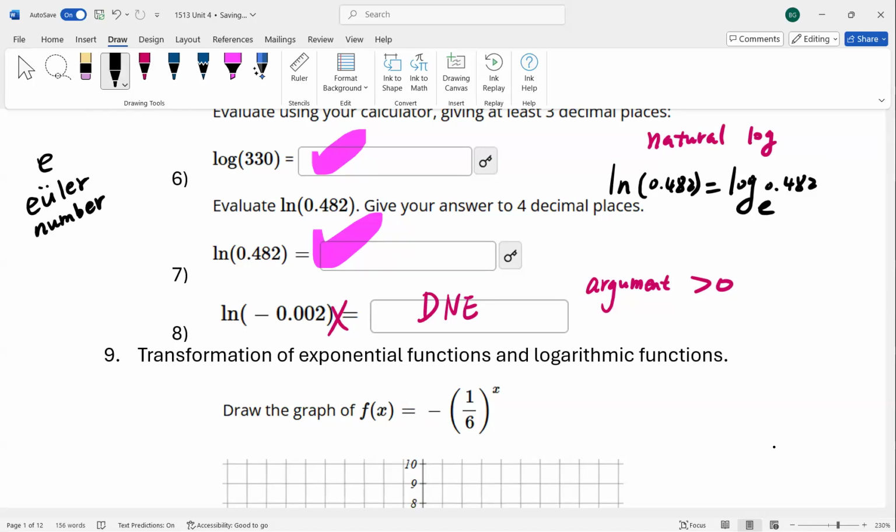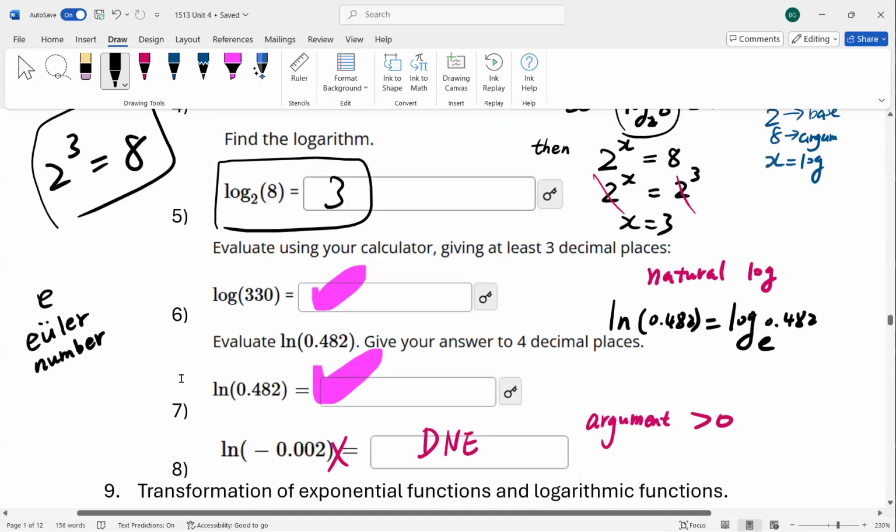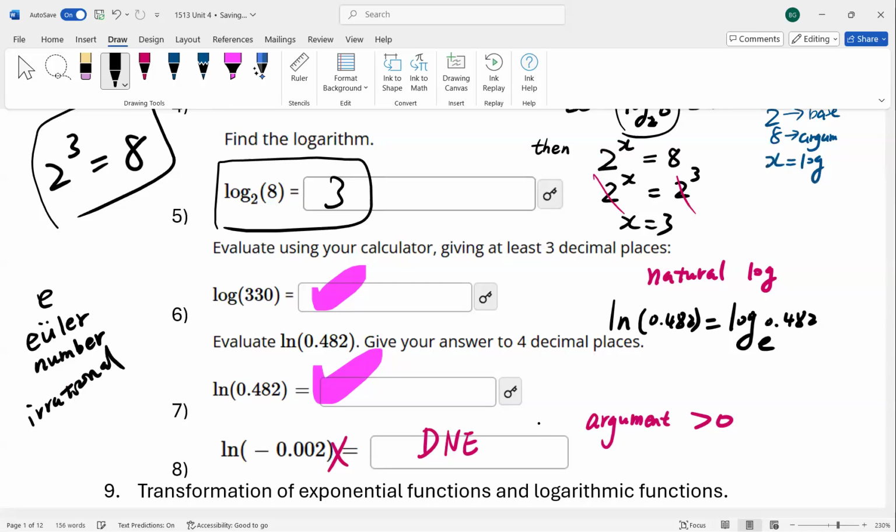Euler is a German mathematician, who of course has passed away. It is a very famous irrational number. Irrational number means it is a decimal, non-terminating, non-repeating.